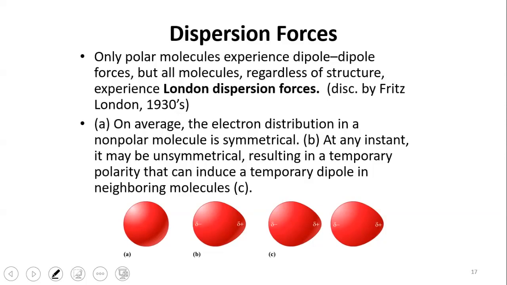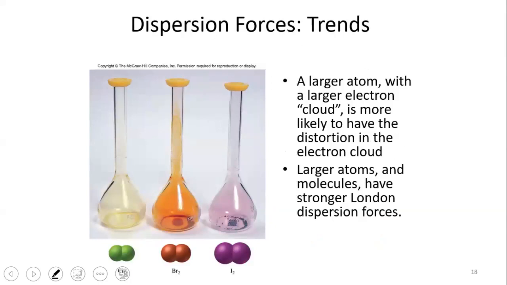Now, it turns out that although on a molecule-to-molecule basis London dispersion forces are very weak, they have an interesting property. Because they depend on the distortion of the electron clouds around the atoms in the molecules, a bigger molecule with a bigger distribution of electron clouds could get distorted more readily. Let's look at this sample here, where we have samples of three known halogens: chlorine, bromine, and iodine.